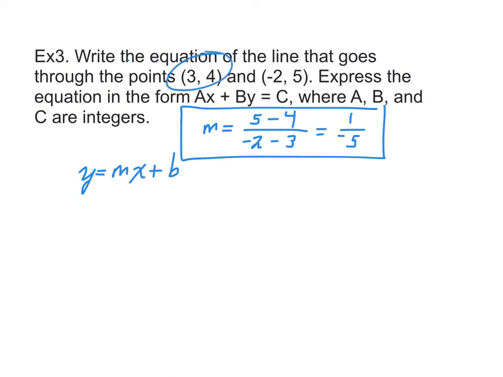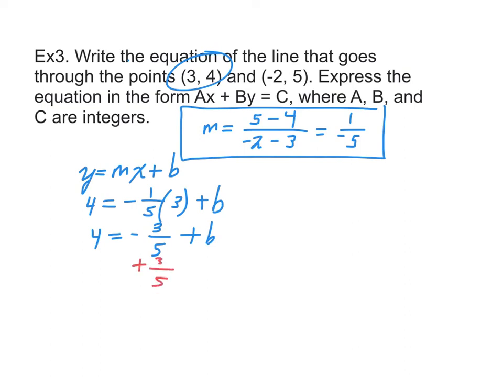But either one, although the work will look different, the answer is going to be exactly the same. y equals mx plus b. So positive 4 equals -3/5 plus b. I'm going to have to add 3/5 to both sides to find out what that b is.